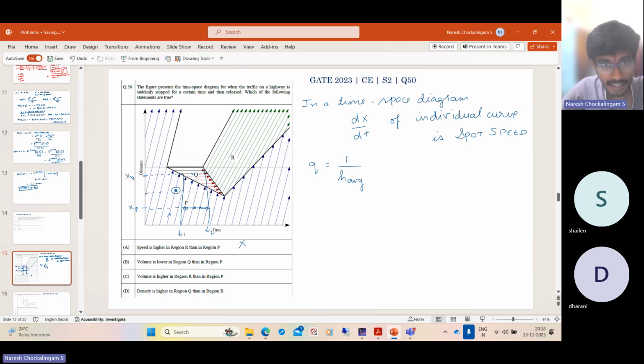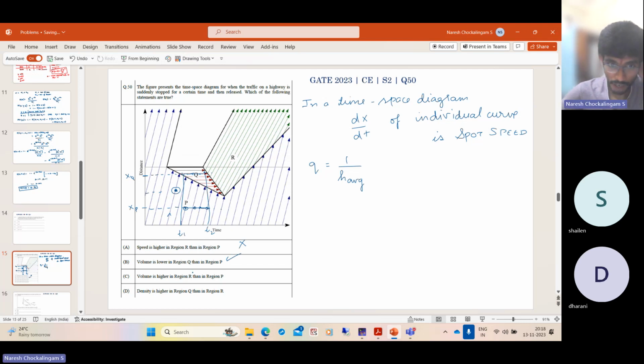But in the region Q, you see there is hardly one because the slope is very small, hardly one vehicle will fit. Therefore, here there are more vehicles and the time headway is smaller, here the time headway is very large. Therefore, the volume in region Q is less than the volume in region P. That is true.